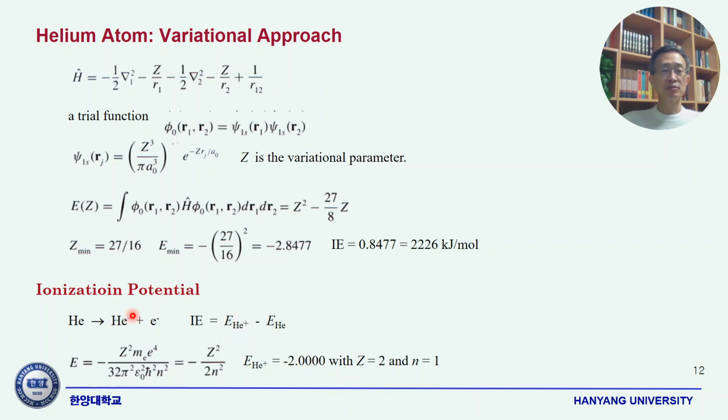Then the ionization potential is minus 2 minus the energy E min. So minus 2 minus this is 0.8477 Hartree, the ionization potential, which is 2226 kilojoule per mole. It is a big number, but this is what you obtain.